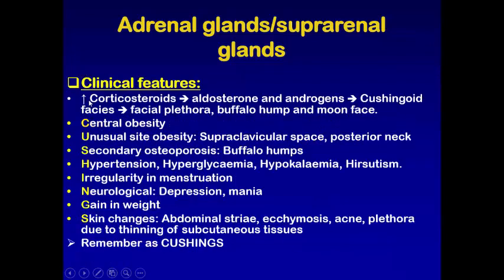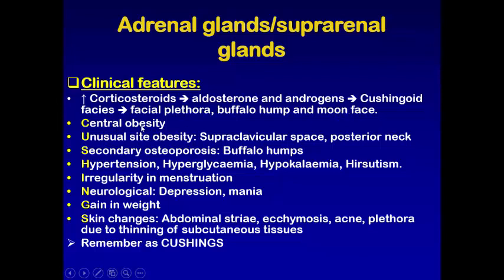Clinical features: increased corticosteroid results in elevated levels of aldosterone and androgen, and all these give us what we call Cushingoid facies, in which there is facial plethora, buffalo hump, and moon face.